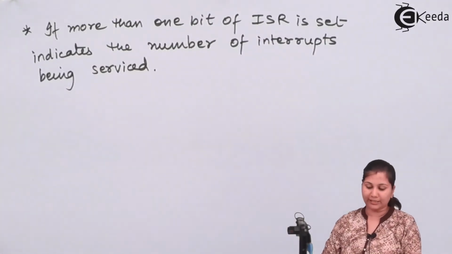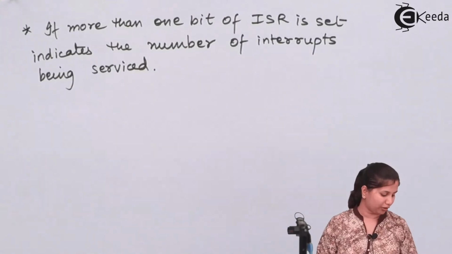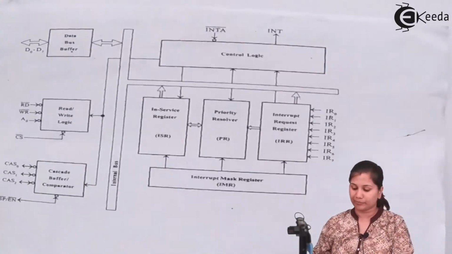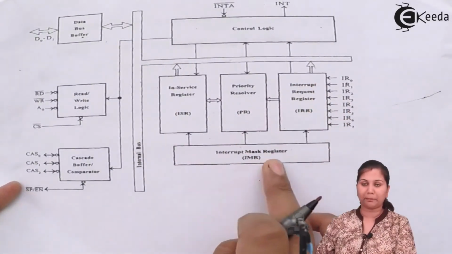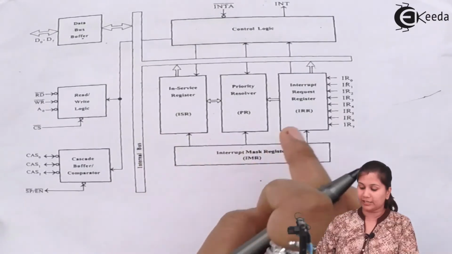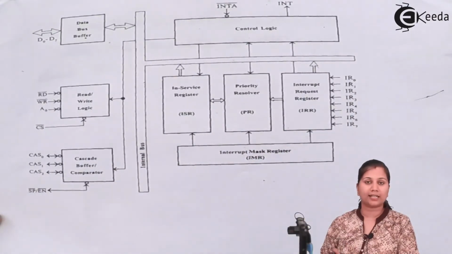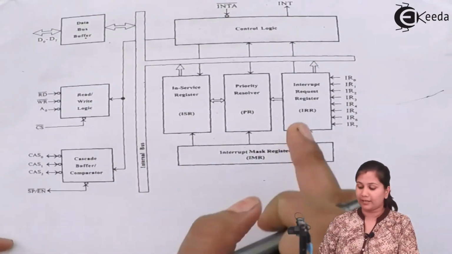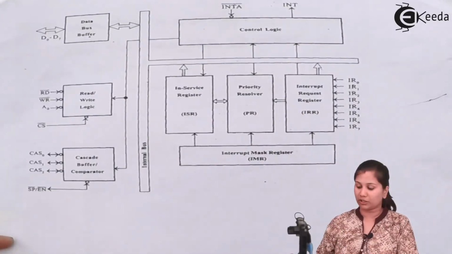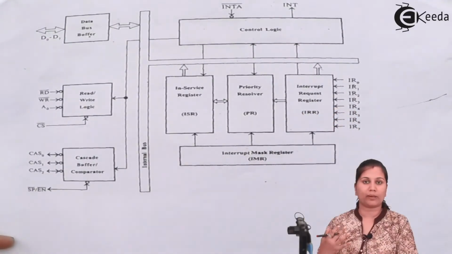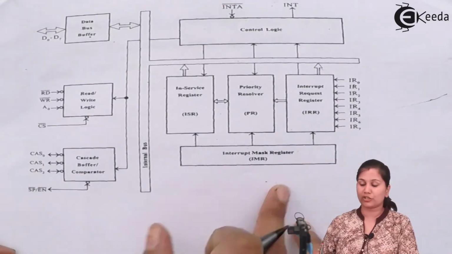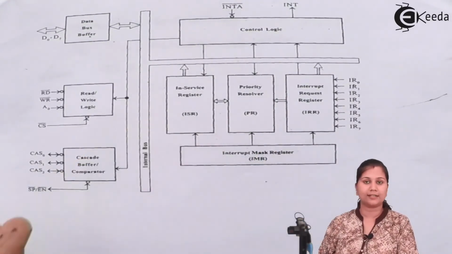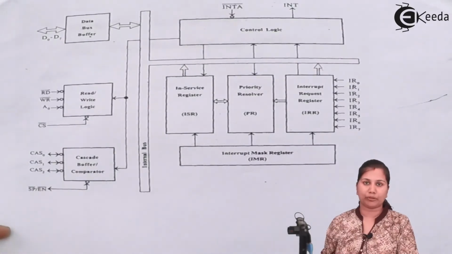If we see these three registers in the block diagram, the in service register, interrupt request register and interrupt mask register, they give us the status of the interrupts. They give us the information about which of the interrupt requests are being given to the 8259, which are masked, which are pending and which are in service, meaning currently being processed.